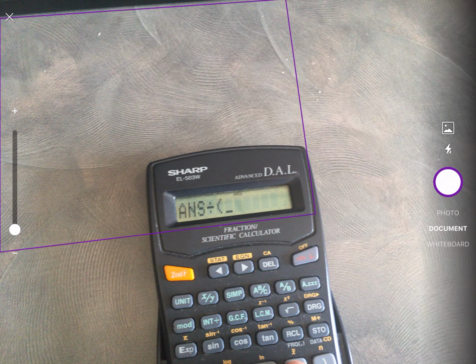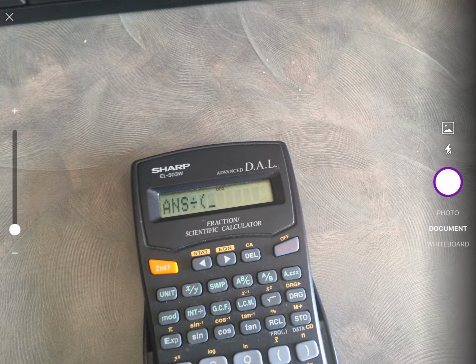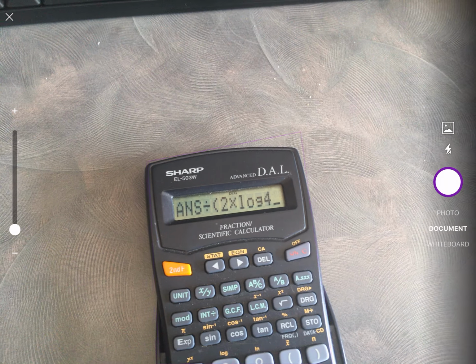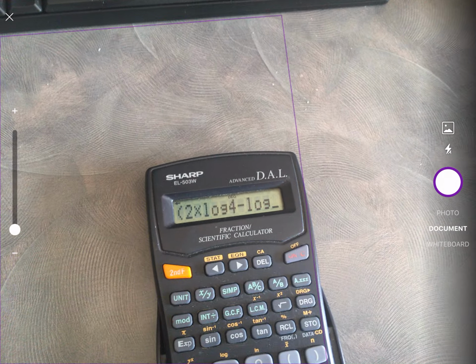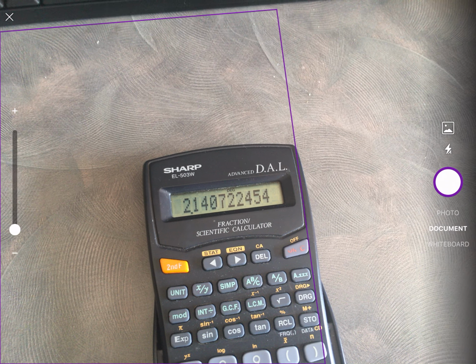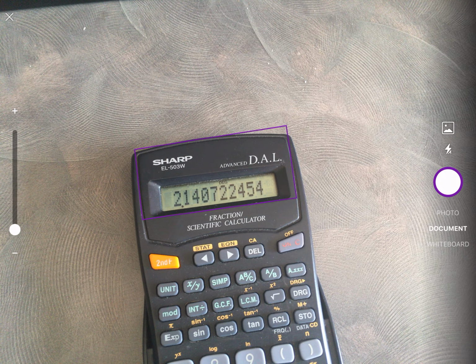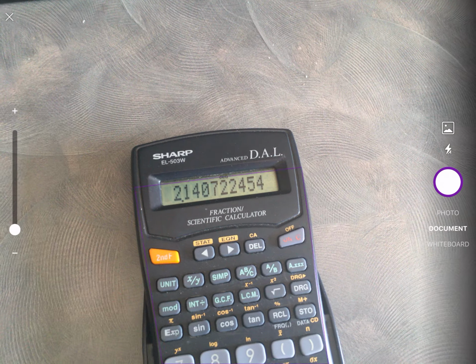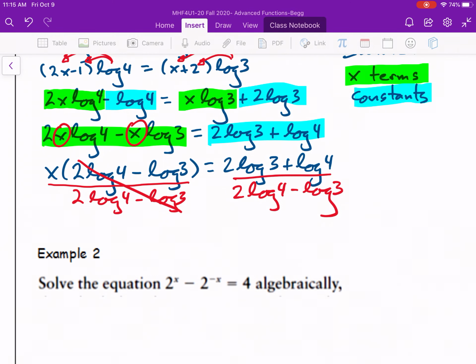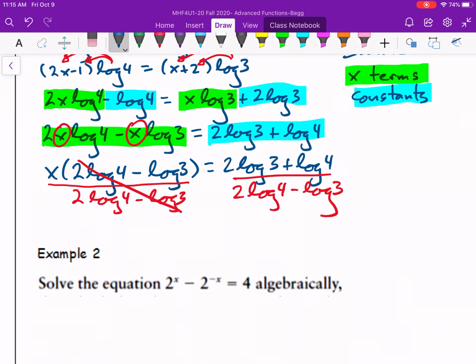So I'm going to put answer divided by bracket, and then 2 times log 4 minus log 3, end bracket, hit equals. And that should be my overall answer, 2.1407, etc. So x equals 2.14. If I round it a little bit, that would be my answer overall.